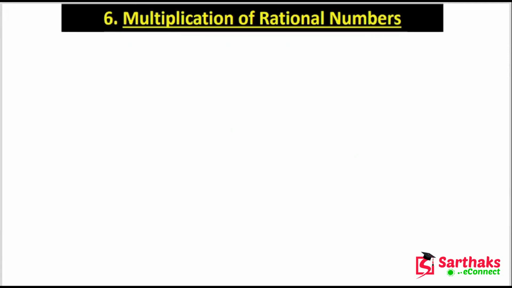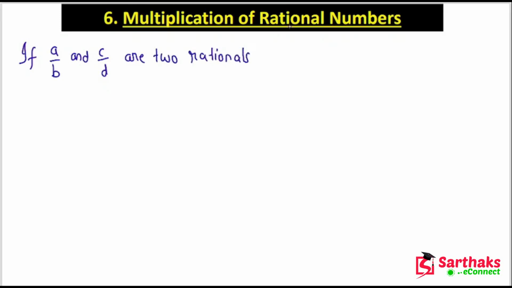It simply states that if a upon b and c upon d are two rational numbers, then a upon b multiplied by c upon d simply says a cross c all upon b cross d.